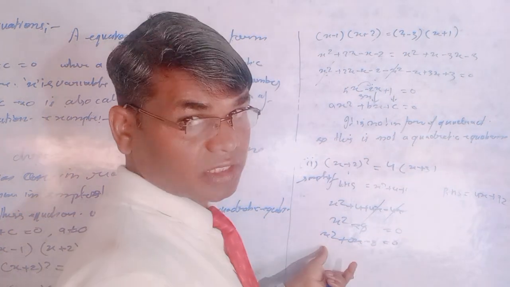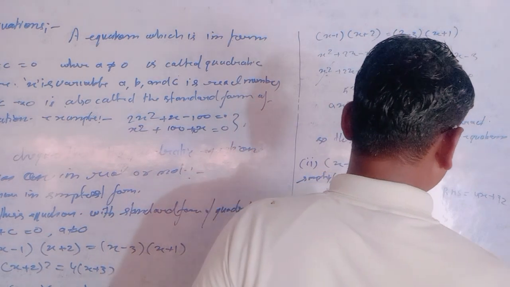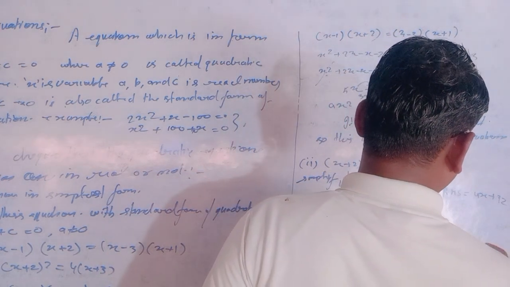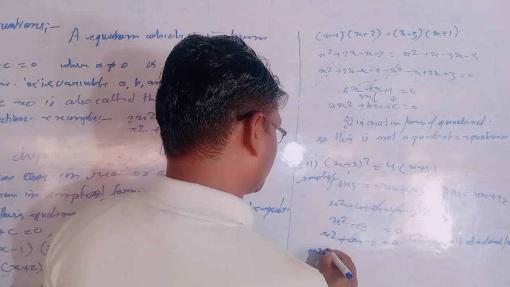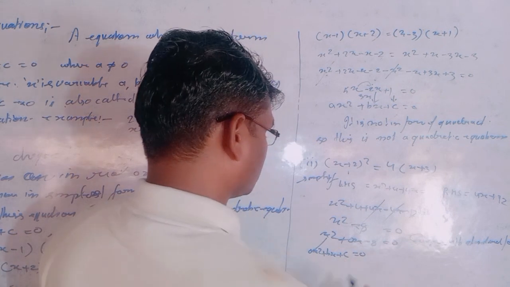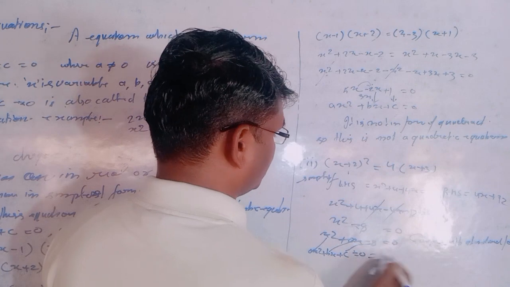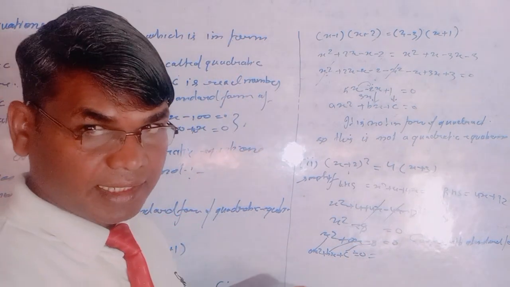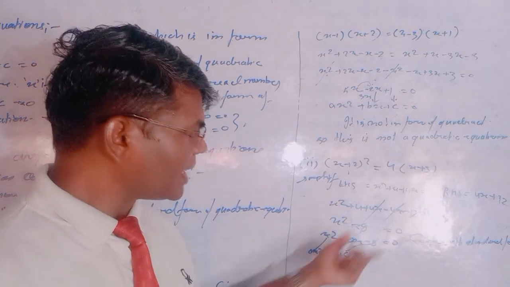Now compare this equation with the standard form. What is the standard form? ax square plus bx plus c is equal to 0. Here is a, got it, b, got it, and c. Comparing completely shows that this equation is the same as the standard form.